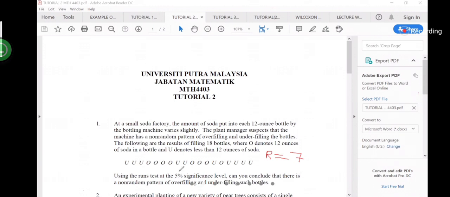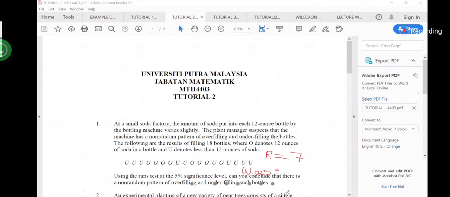At the 5% significance level, the lower critical value we denote as W 0.025. Is it 5 or 6?